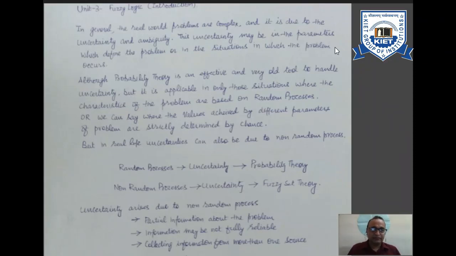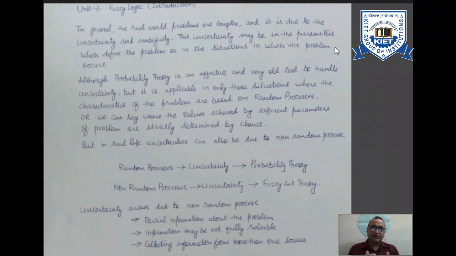But here I am telling you that the nature of uncertainty is different. It depends on the scenario. Sometimes when we get uncertainty due to the randomness of the nature of the event, only that type of uncertainty is dealt with by probabilistic theory.